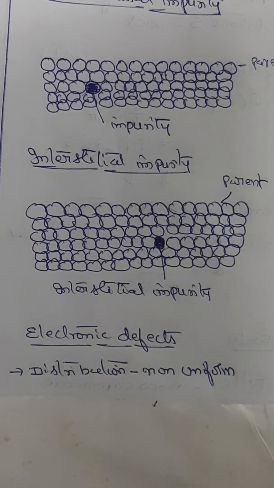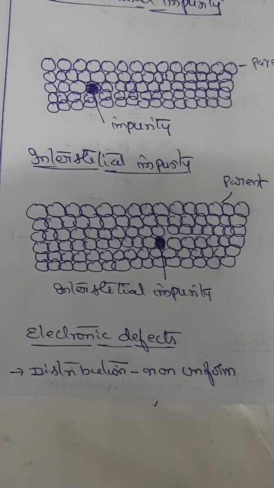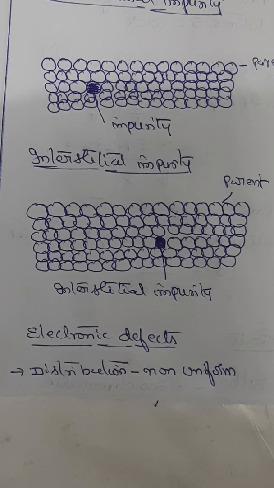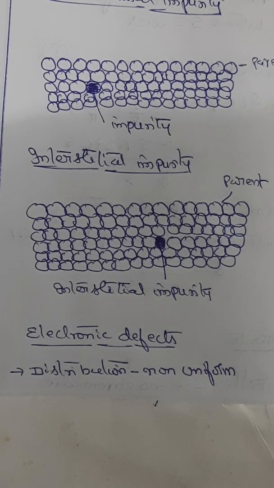Due to defects present in the crystal, you can observe the charge distribution is not uniform. When you talk about electronic defects, that means it varies in the crystal.